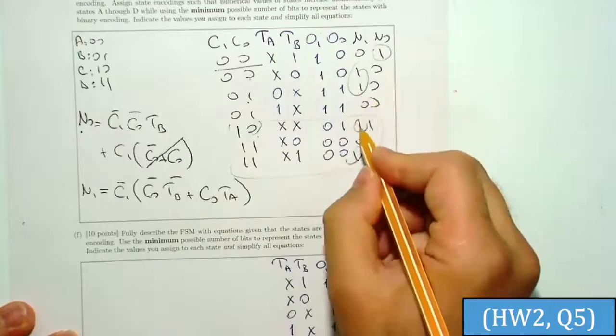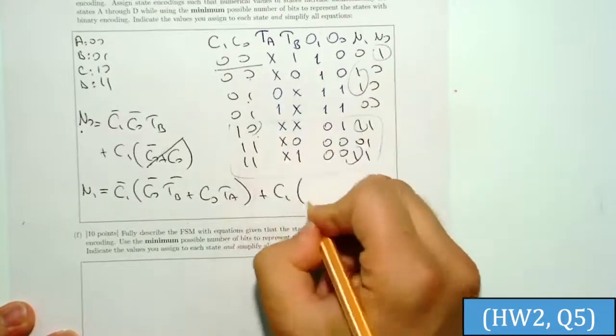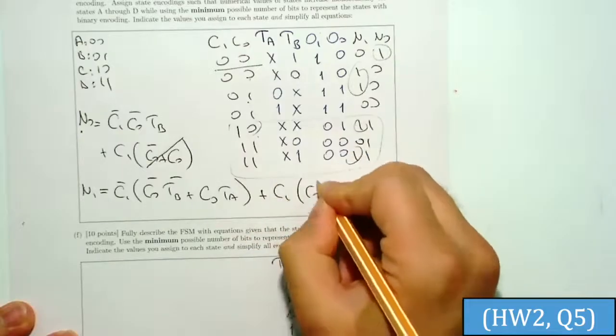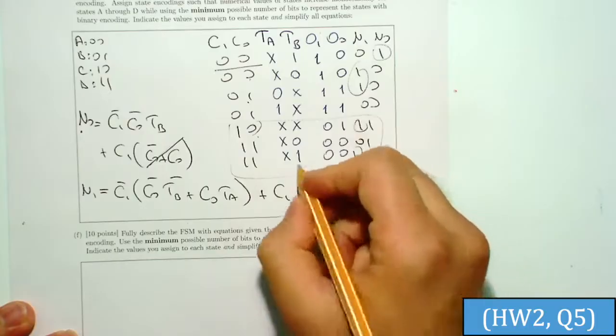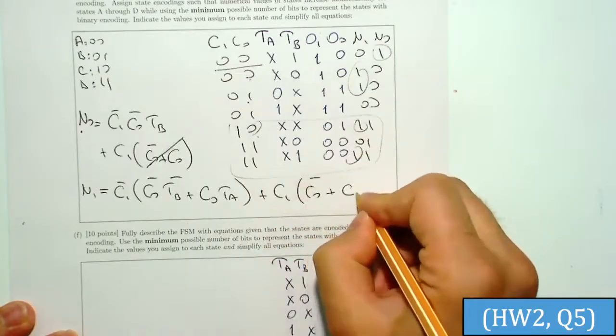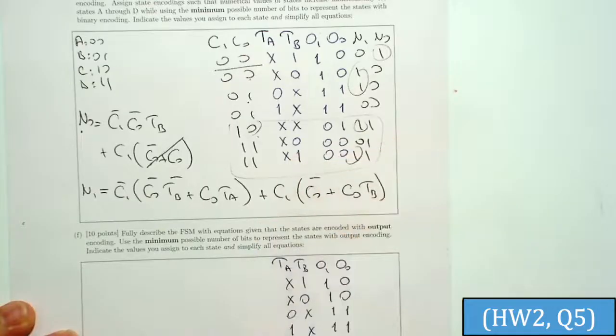Okay, and for these ones, I have C1 as 1 and C0 not, or here C0 and TB, I guess.